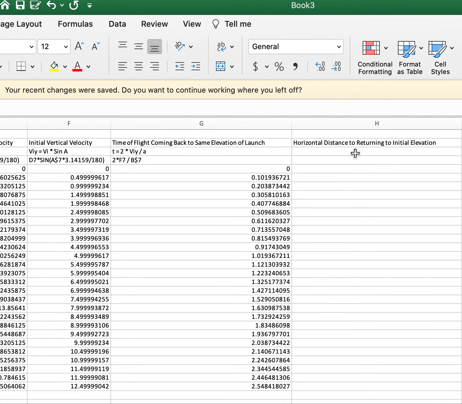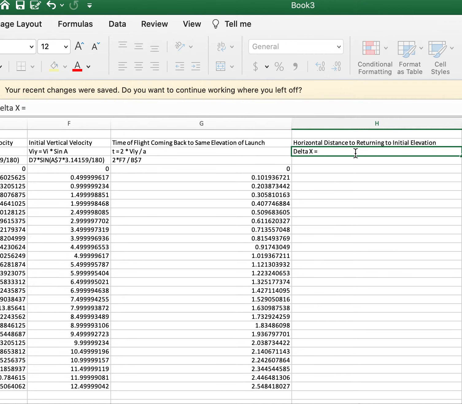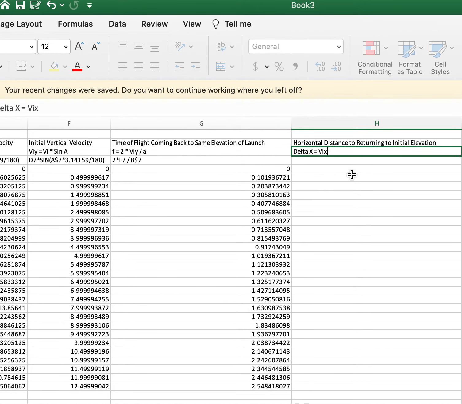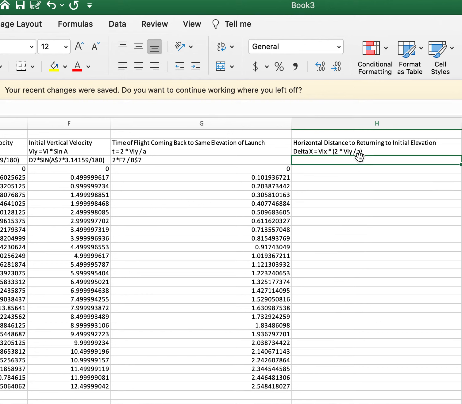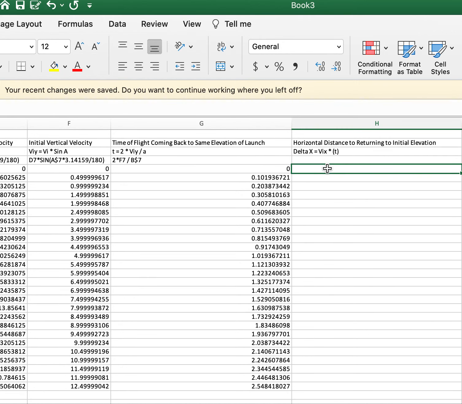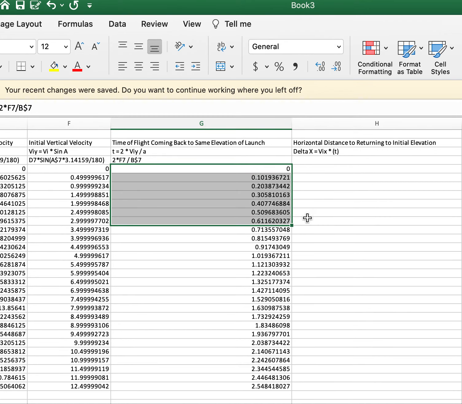All right, so delta x equals Vix times 2 times VIY over A. That's one way to write it, but we could also just keep it a little simpler if we were to just simply write times t, where t is the time of flight, because we have a column for that, so might as well just call that up.